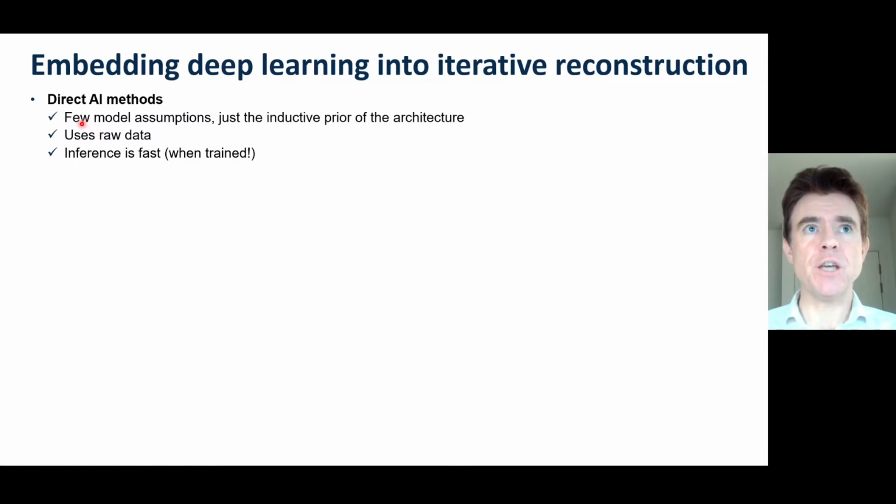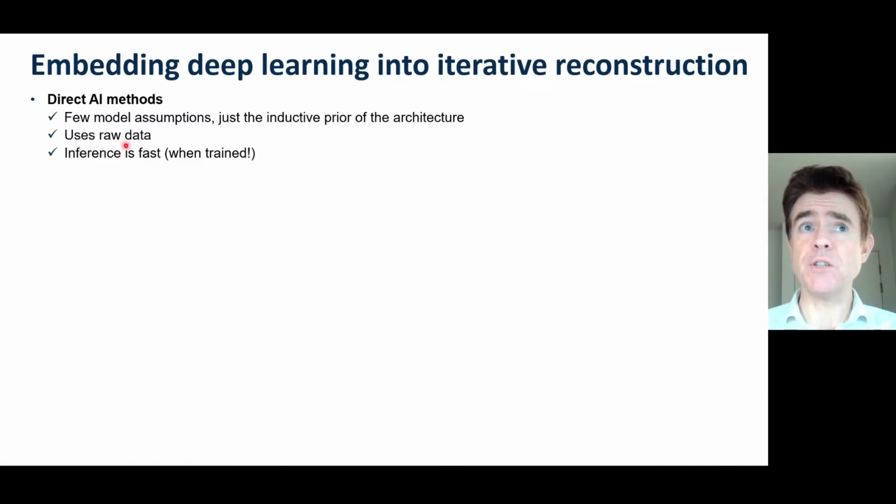In their favor, they had few modeling assumptions. You're just basically left with the inductive prior of the architecture. The architecture can only express certain types of image, but that's a relatively small modeling assumption because these architectures are often very large and able to express many different images.